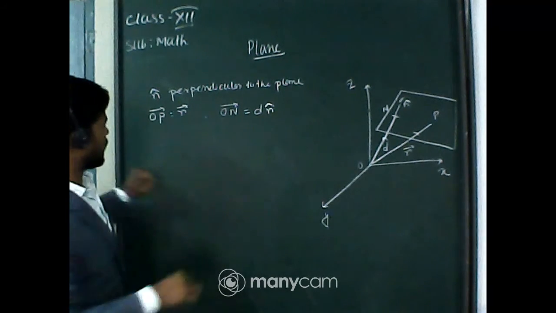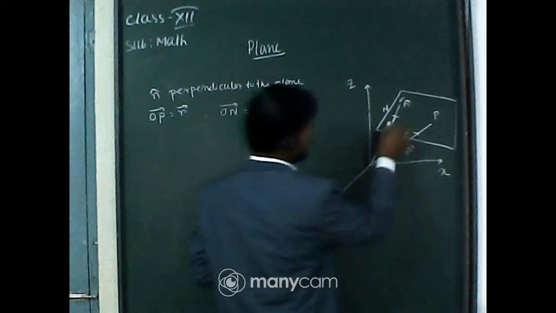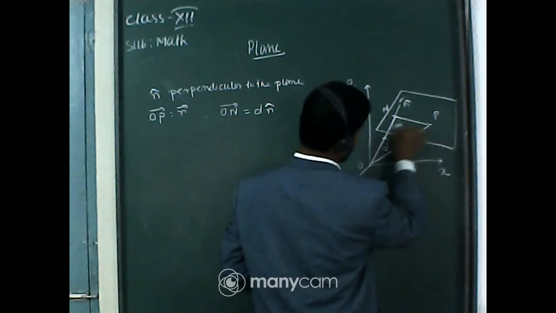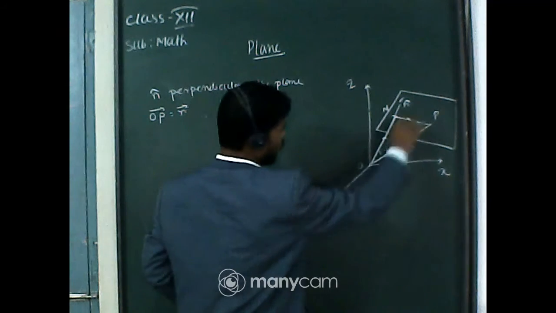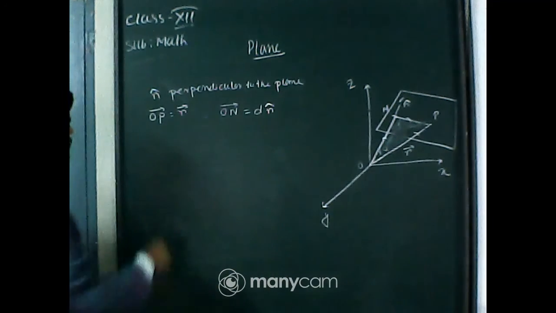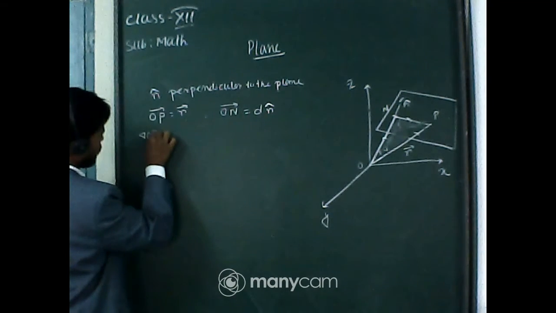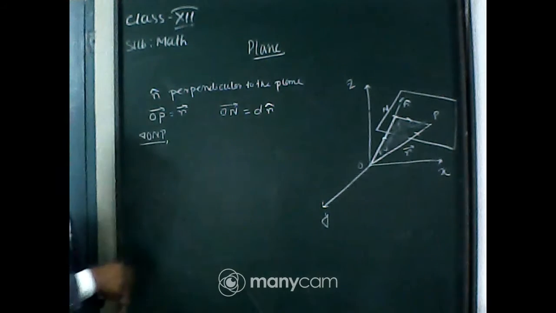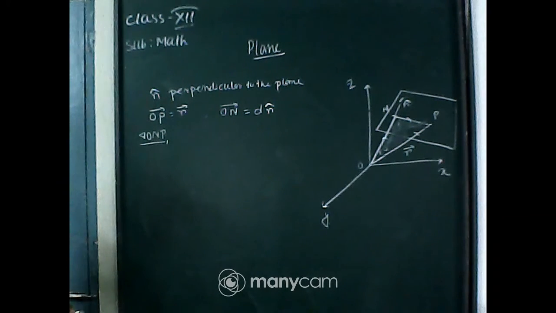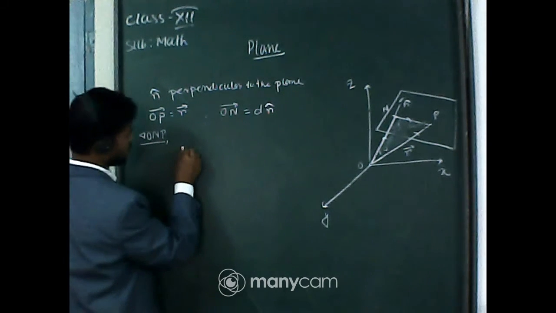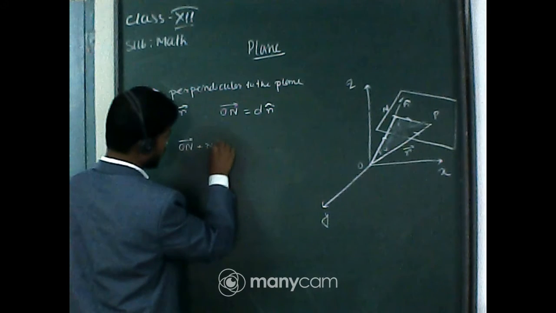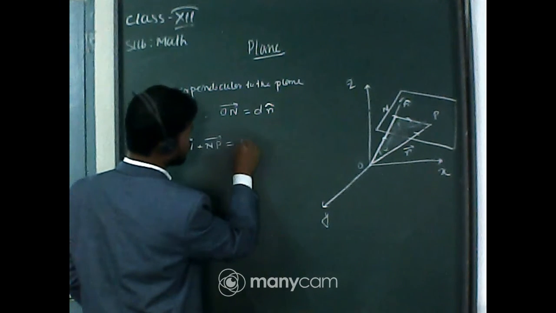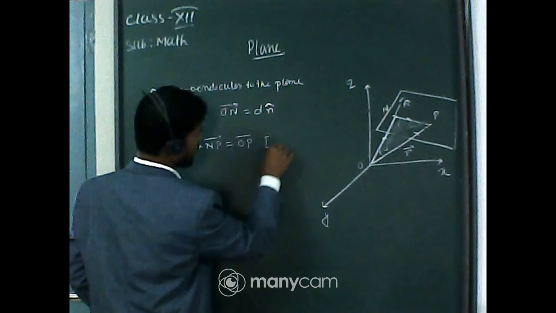Now join the point N and the point P. So we have a triangle here, triangle ONP. If we apply the triangle formula in the triangle ONP, we can say that ON vector plus NP vector is equal to OP vector.